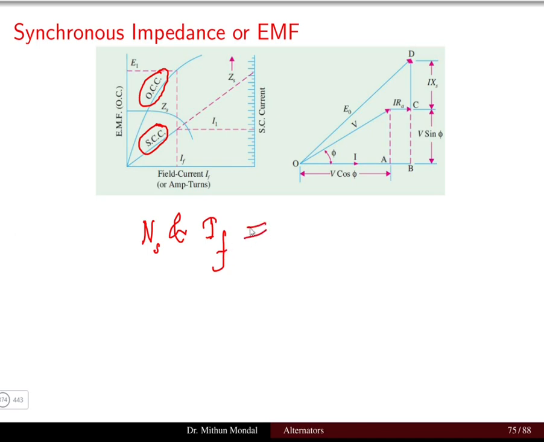For a particular field current, we have to obtain the value of the open circuit or no load voltage. Similarly, for a particular field current, what is the value of the short circuit current?